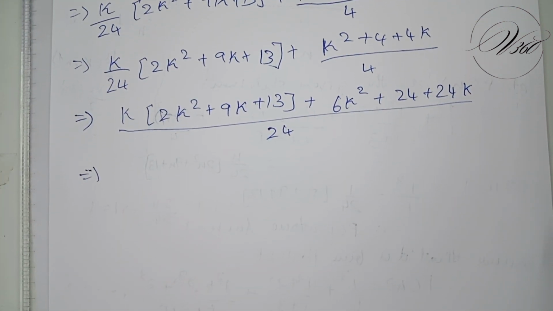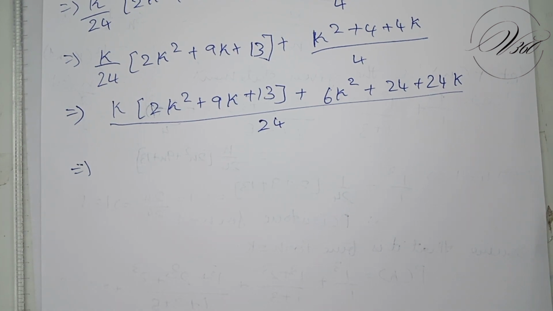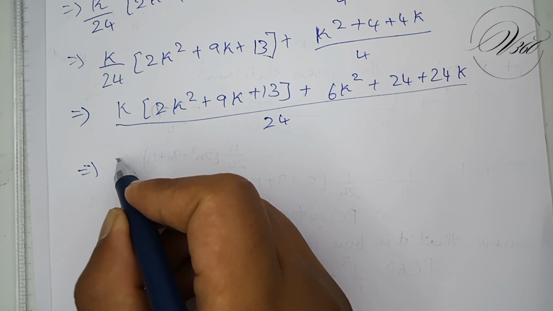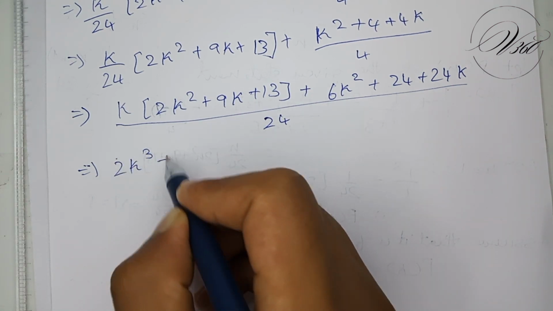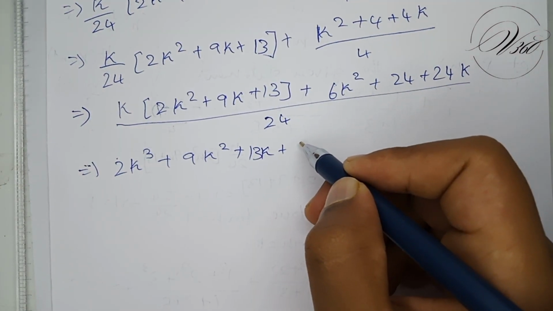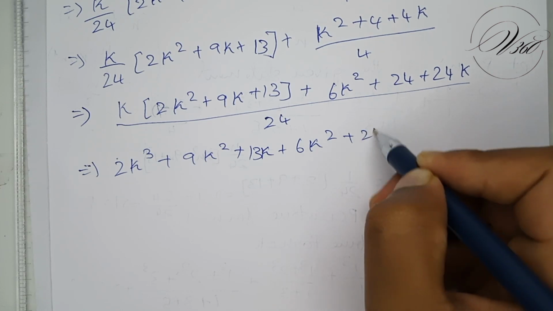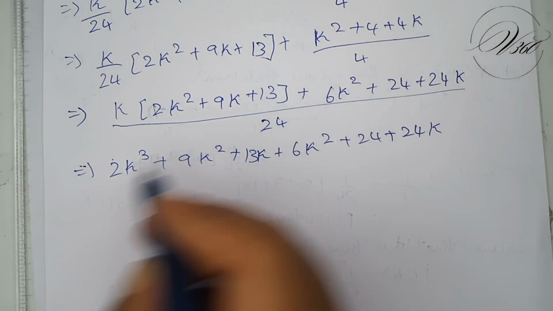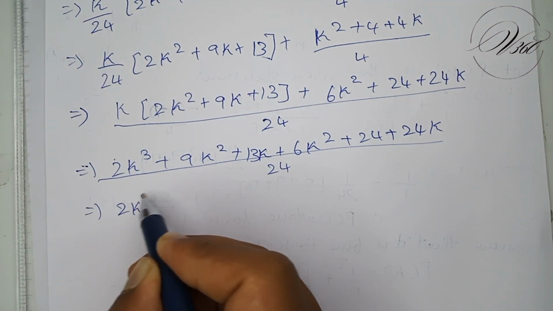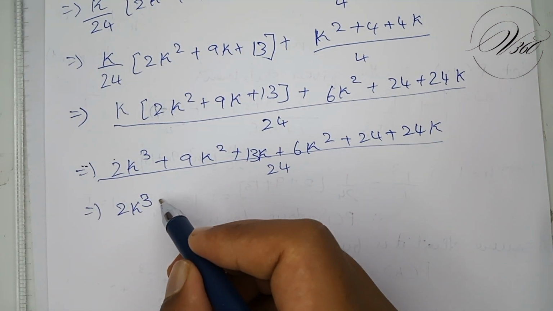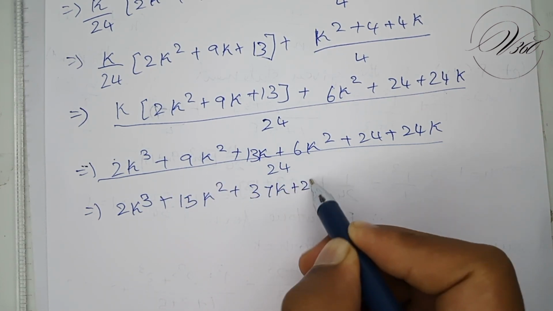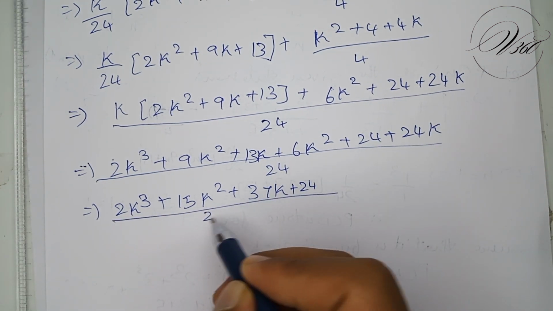Now here we will get 2k cube plus 9k square plus 13k plus 6k square plus 24 plus 24k by 24, which is equal to 2k cube plus 15k square plus 37k plus 24 by 24.